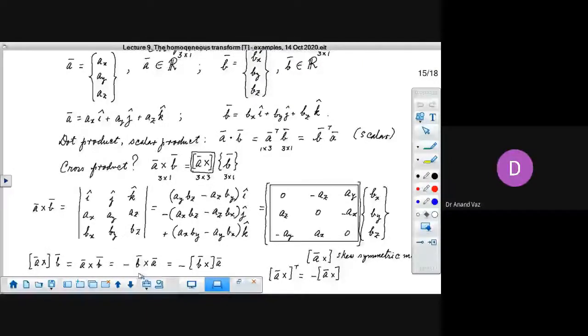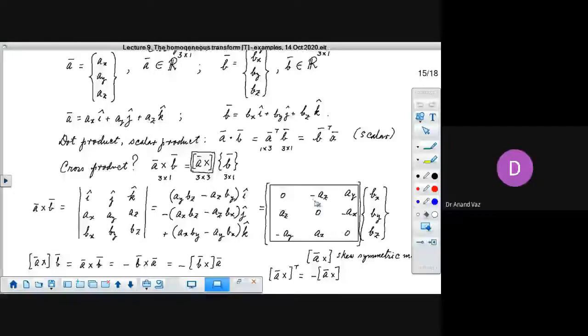And so we had constructed the A cross matrix, which was a skew symmetric matrix. Its property is that its transpose is its negative. So the diagonal terms are zero and the off diagonal terms are just skew symmetric.